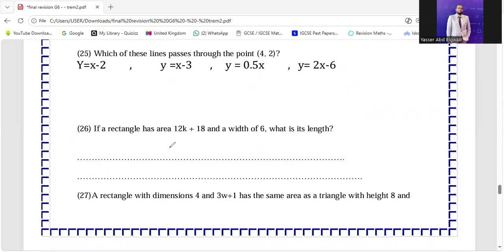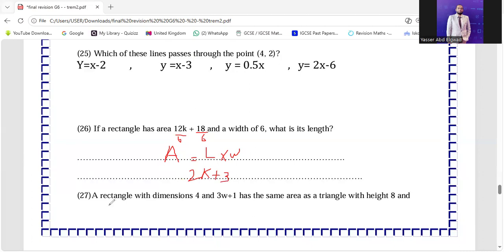The area equals length multiplied by width, L multiplied by W. I give you the area and you want to find the length, so just divide by 6. 12 divided by 6, we get the answer 2. Then 18 divided by 6, we get 3. Here is how to solve this. The next one.